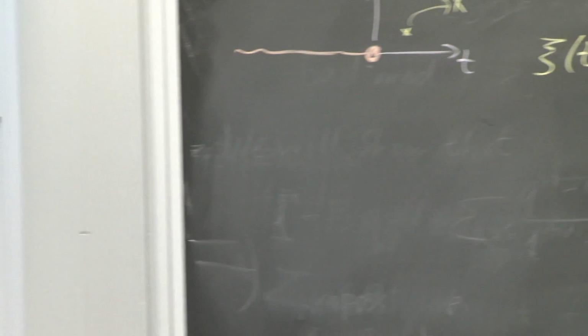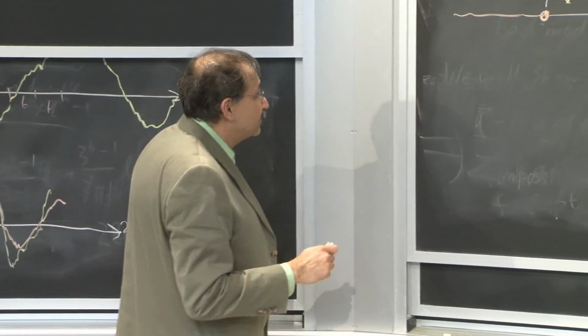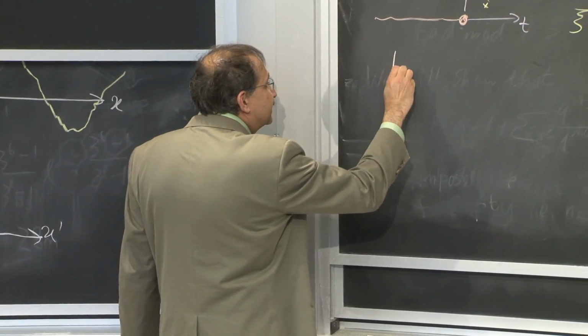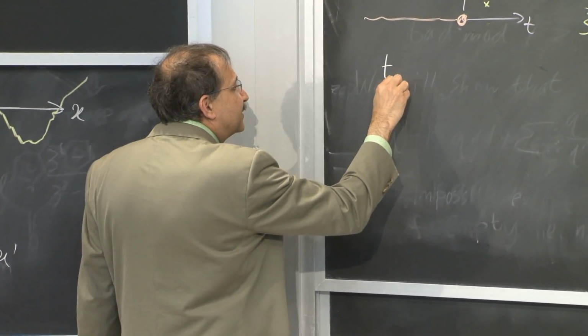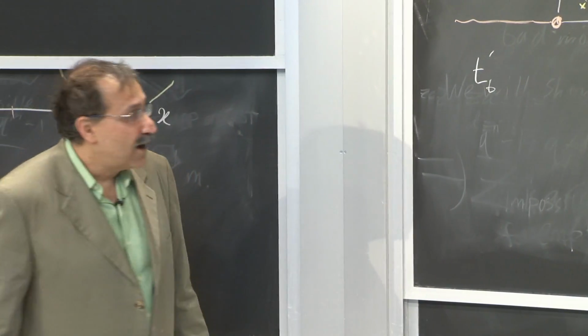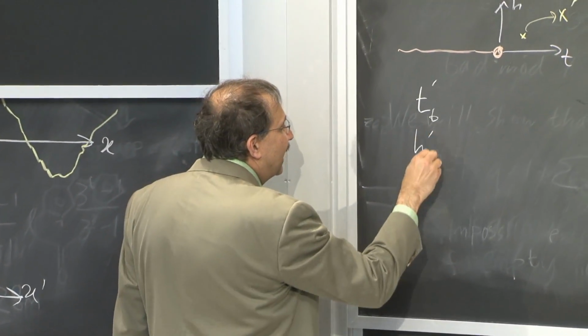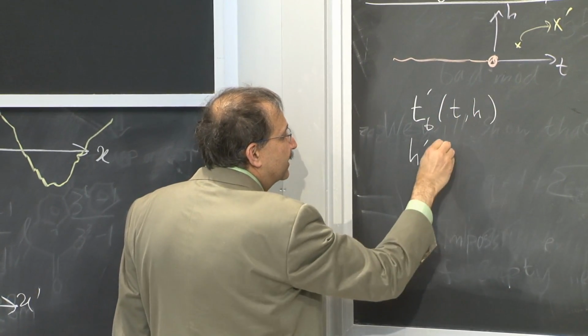Now the next thing that Kadanoff said was, okay, therefore there is a transformation that tells me, after I do a rescaling by a factor of b, how the new t and the new h depend on the old t and the old h.